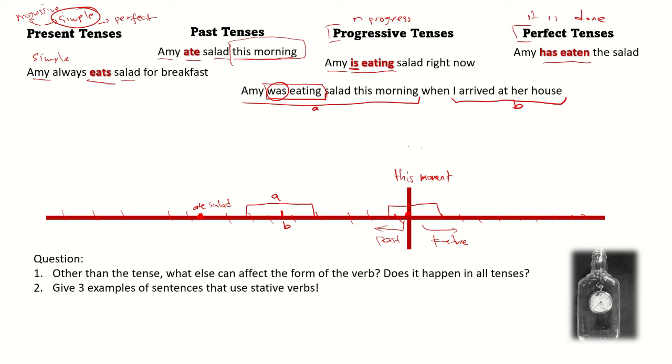You can see this. So this is how we use the past progressive tenses. The past progressive tenses is used to indicate that one event is still in progress while the other event occurred. These two happened in the past.